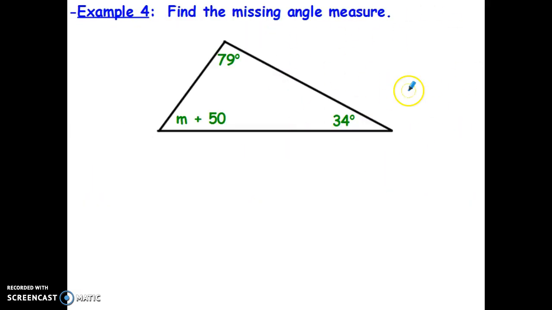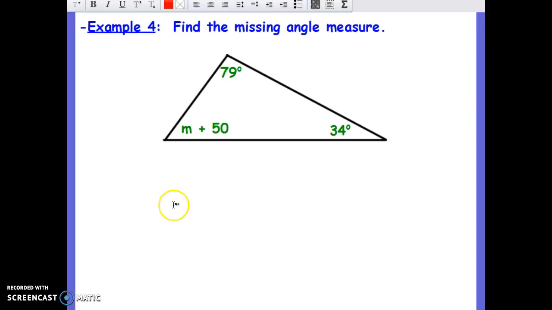So again, here to find the missing angle measure, all we do is add our three angles together. M plus 50 plus 79 plus 34. This is all in degrees. They have to equal 180 degrees.